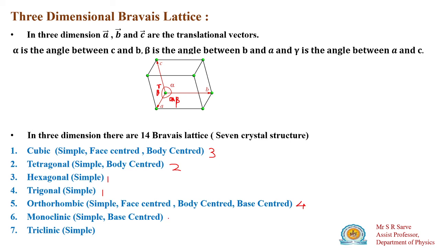Monoclinic exists in simple and base centered, so it is two. Triclinic exists in a single form. So the total is 3 plus 2 is 5, 6, 7, 7 plus 4 is 11, 12, 13 and 14. So there are a total of 14 Bravais lattices in 3 dimensions.